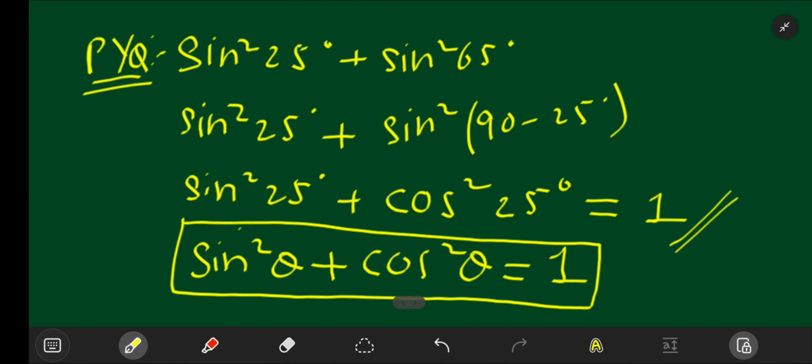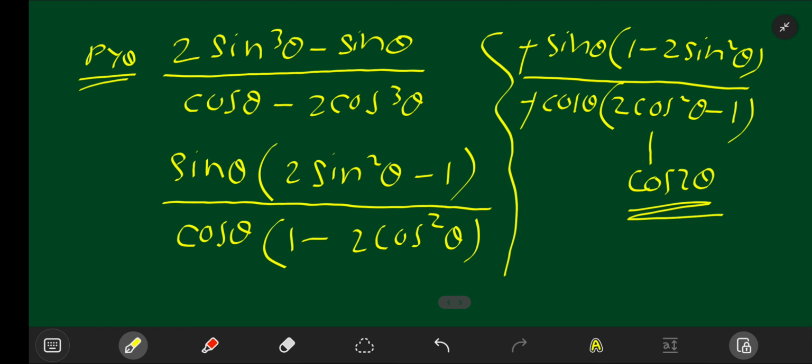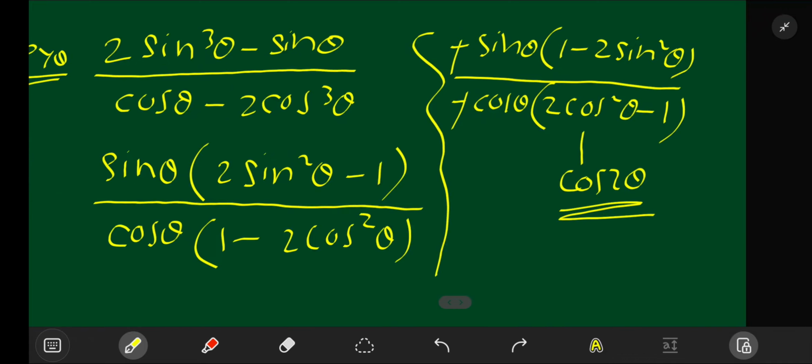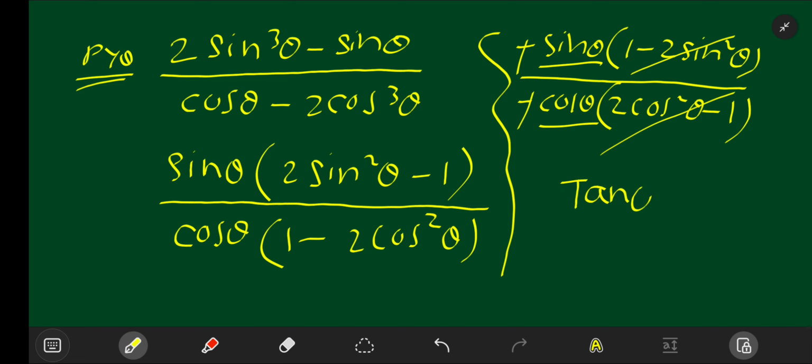These are the two values which are here. So these both are equal, so cut them. We are just left with sin theta divided by cos theta, that is tan theta. Tan theta is the answer. Okay.